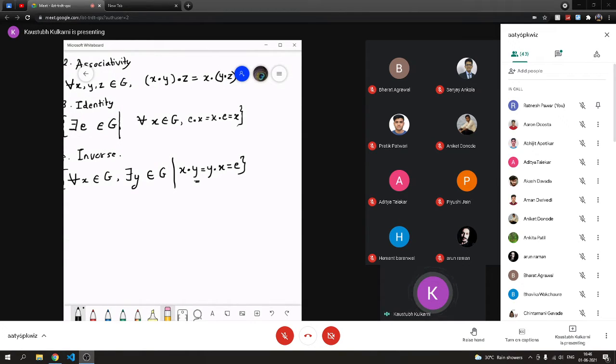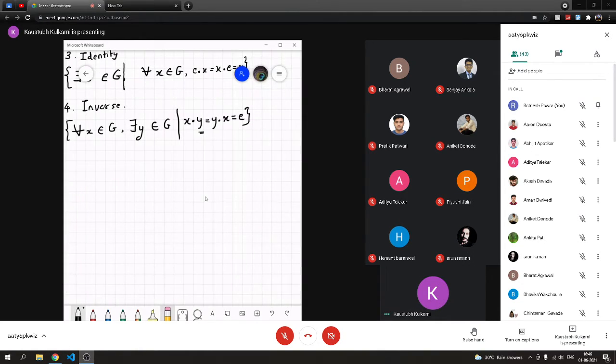Okay, now let's take an example. For example, we'll call this Z4. Z4 is equal to {0, 1, 2, 3}. And the operation is, let's say, plus 4.